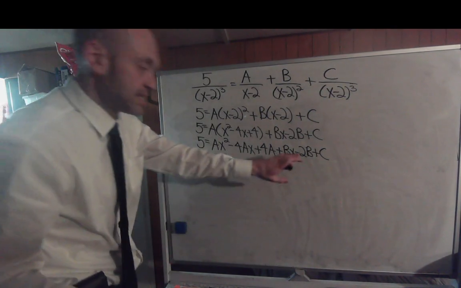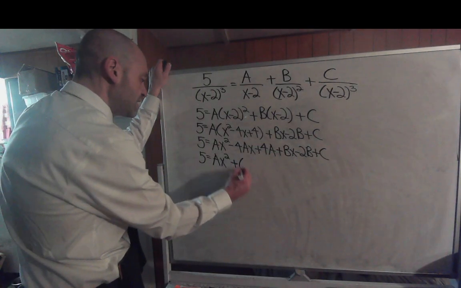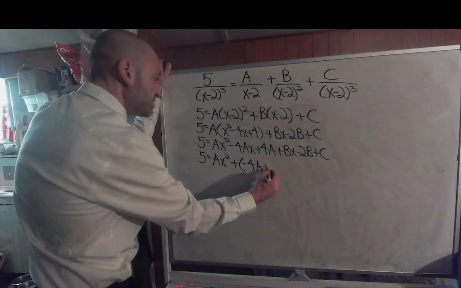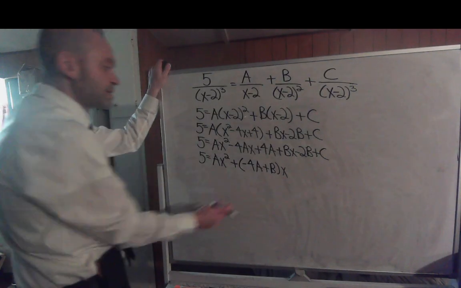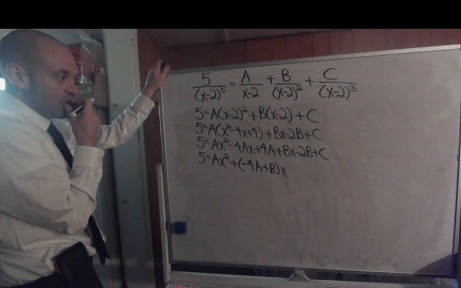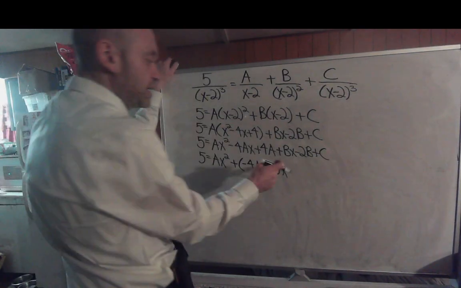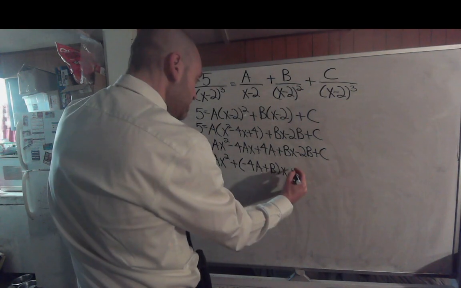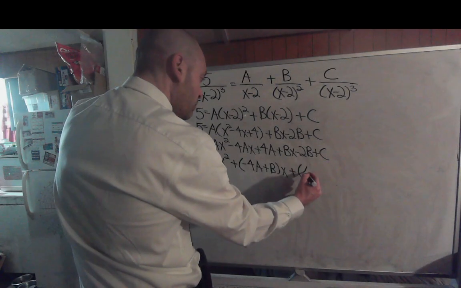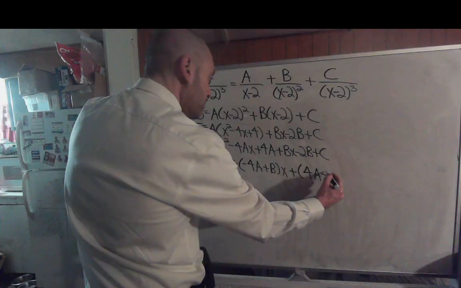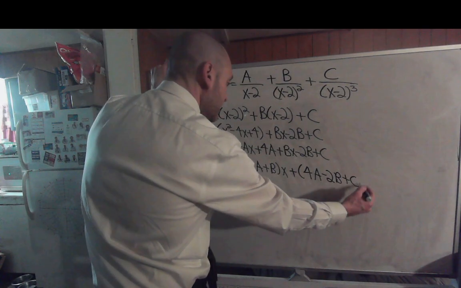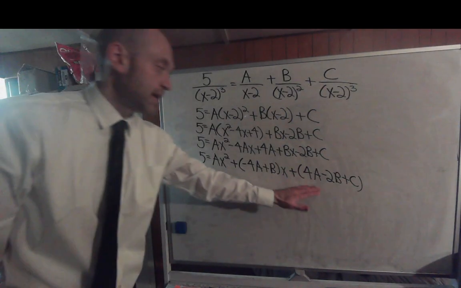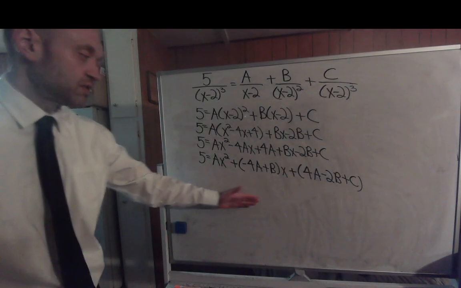Now group your x to the first terms by themselves, so that'd be plus negative 4a plus b times your x, and then you're going to end up wanting to group your constant terms together, so that would be plus the 4a minus 2b plus c. Okay, now we got it perfect. We got it just perfect here. We got everything factored.